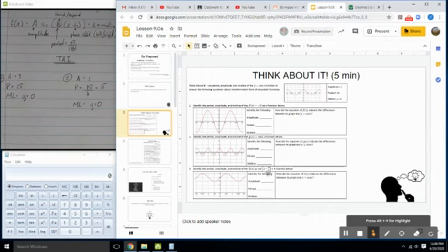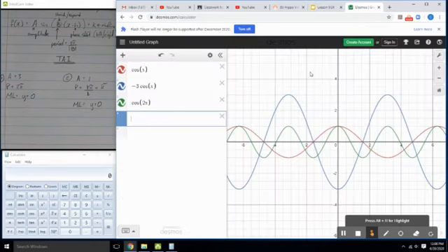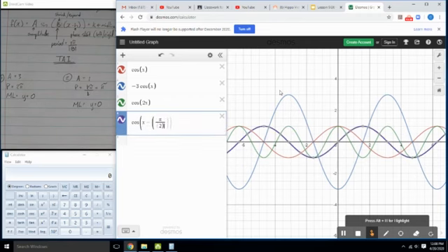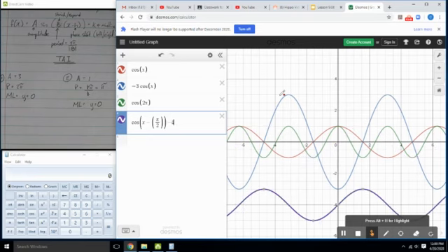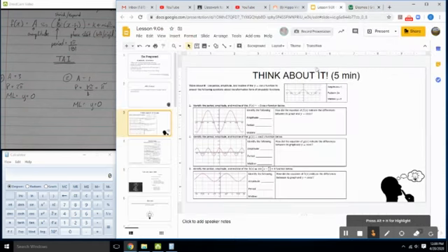Cosine of x minus pi over 2, oh, plus 4.